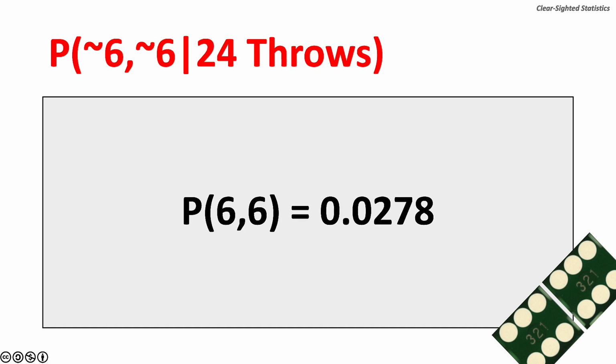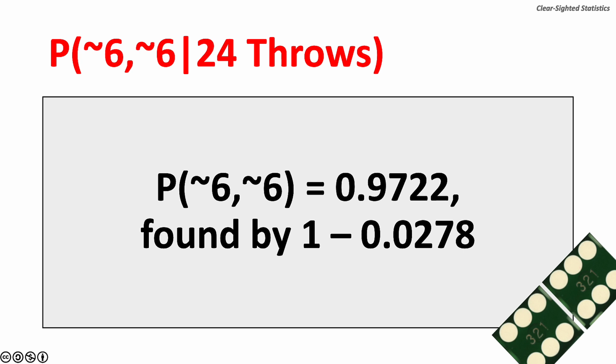Let's recap. The probability of throwing two sixes is 0.0278, or roughly 2.78%. The probability of not throwing two sixes is found using the complement rule. 1 minus 2.78% equals 97.22%.